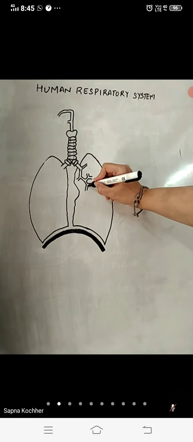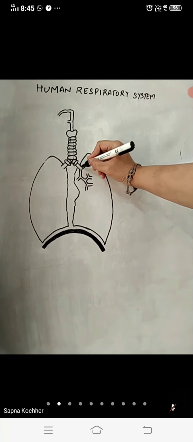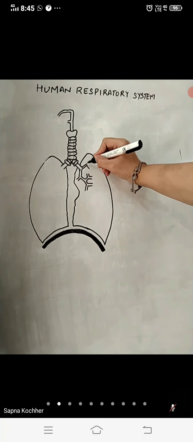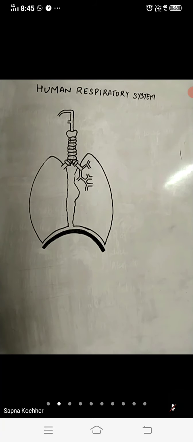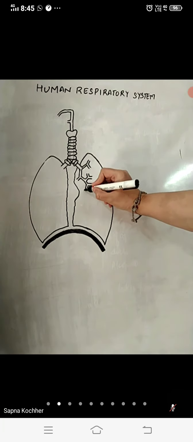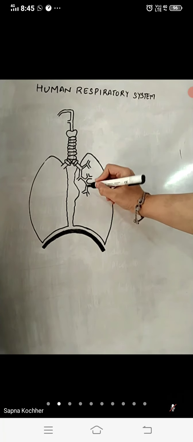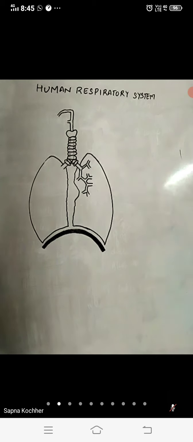All these smaller units of the bronchi, as they enter the lungs, branch up, right? So these smaller branches of the bronchi are called bronchioles, right? Each bronchiole ends up near the wall of the lungs.